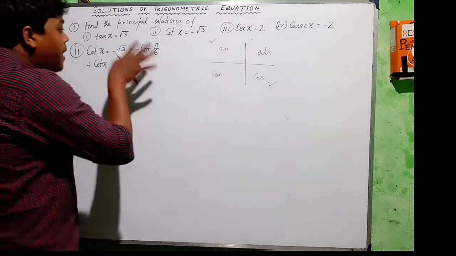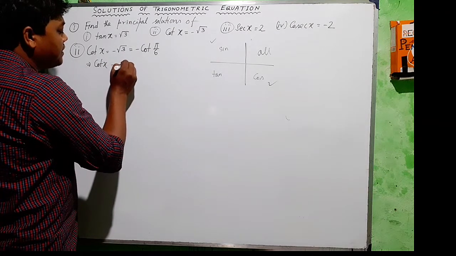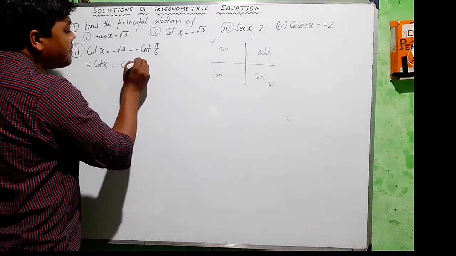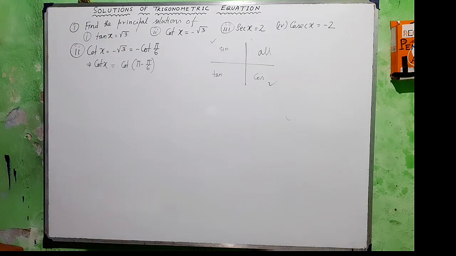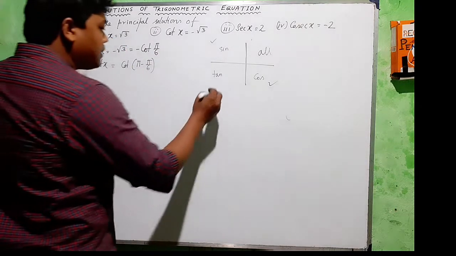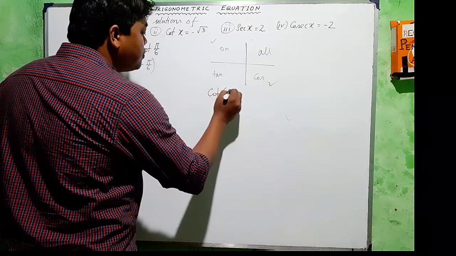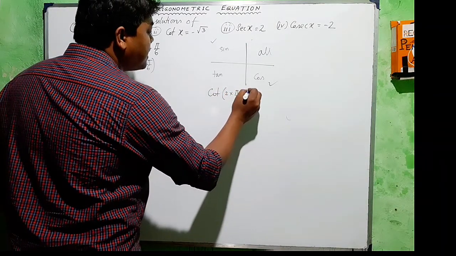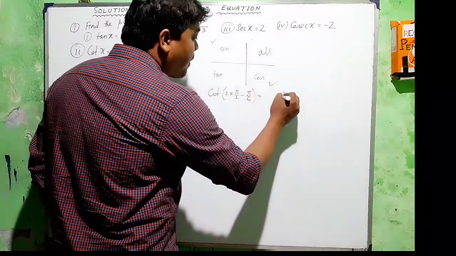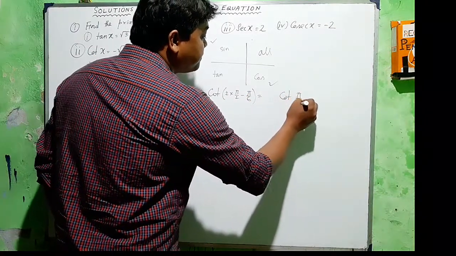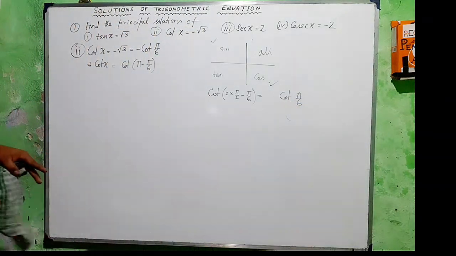So minus cot of pi by 6, you can write here as cot of pi minus pi by 6. How? You see that cot of 2 into pi by 2 minus pi by 6, since n is even, gives cot of pi by 6. And then which sign appears?